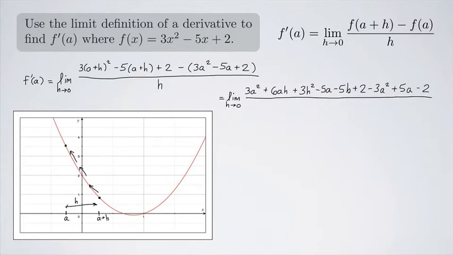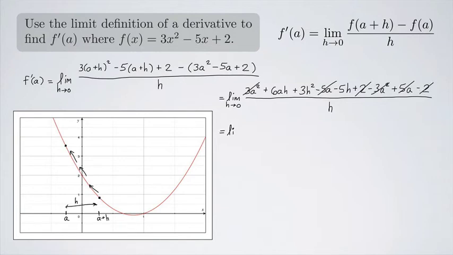All over h. All right, I think I see some things cancel here. 3a squared minus 3a squared. Minus 5a plus 5a plus 2 minus 2. Let's rewrite it and see what we have.